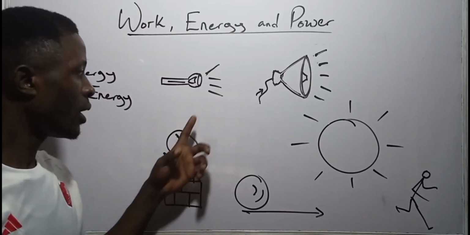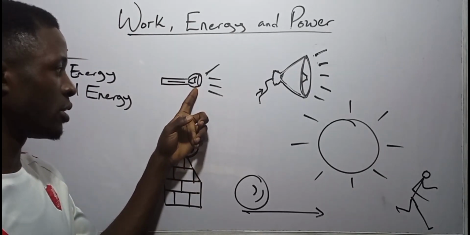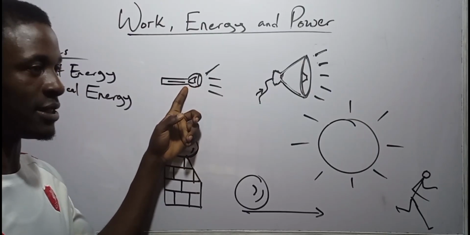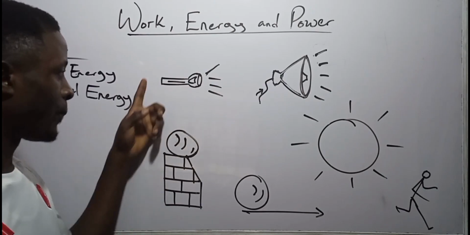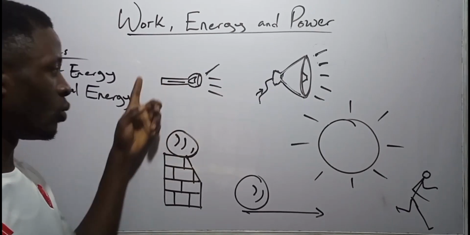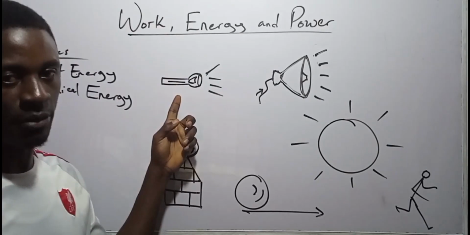So now we have identified two energies that a flashlight is giving out. It's giving out light energy, but it is working with a battery inside it, and that battery is giving out chemical energy.